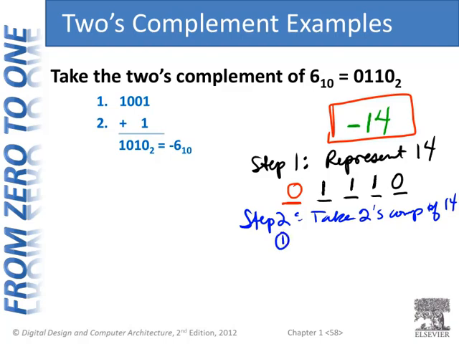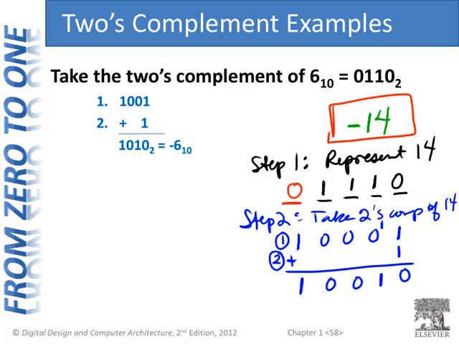So again, invert the bits. We get 10001. Step 2 is to add 1. 1 plus 1 is 2, 0, carry the 1. We get 10010. So the 2's complement representation of minus 14 is this. This is minus 14 in 2's complement.